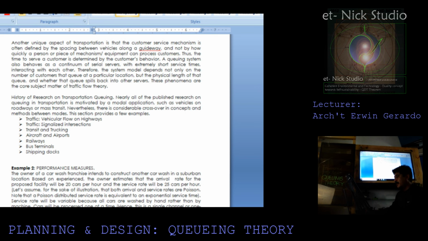So a queuing system also behaves as a continuum of serial servers with extremely short service times interacting with each other.